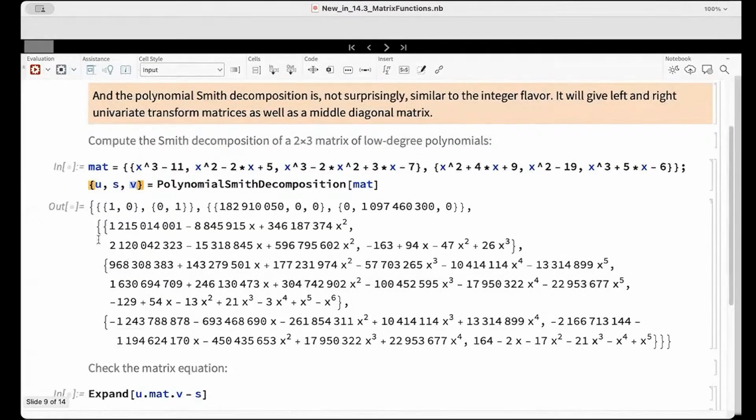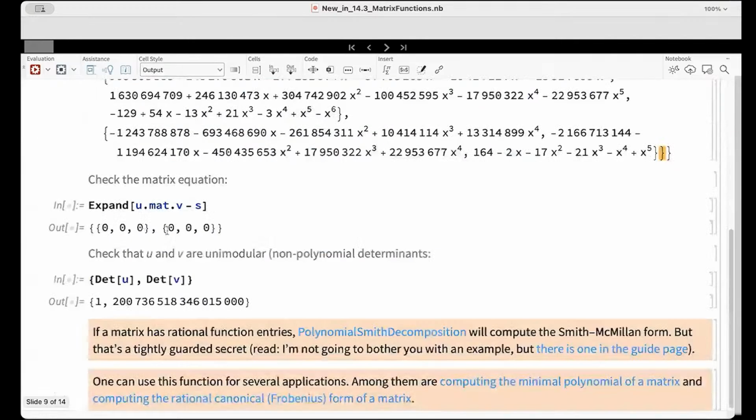And the middle matrix S here is the diagonalized form, and you'll notice that it actually is just constants, and that's fairly typical. It doesn't always happen that way, but that's a common enough case. And so this is a really convenient form. And again, we stay with just polynomials. There are no fractions, no rational functions.